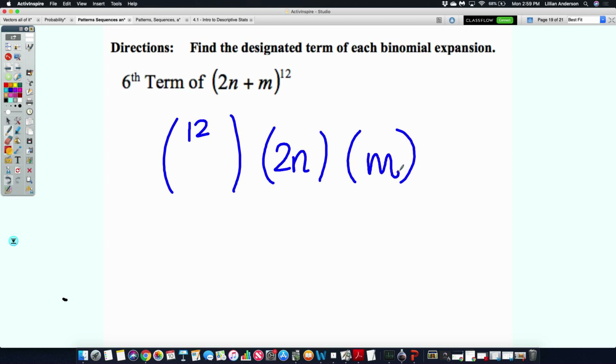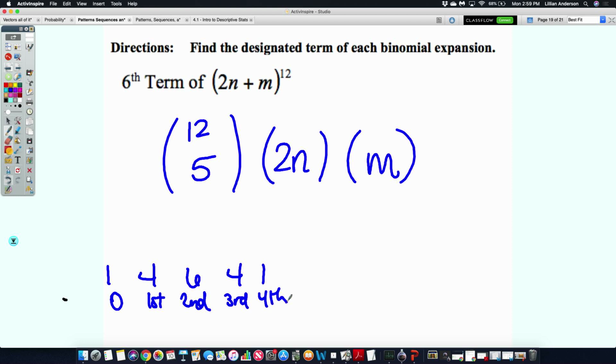And you're looking for the sixth term of this expansion. It won't be 12 choose 6, it'd be 12 choose 5, because remember, the first term is 0. If you look at the fourth row of Pascal's triangle, this is your 0 term, this is your first term, your second term, your third term, your fourth term.